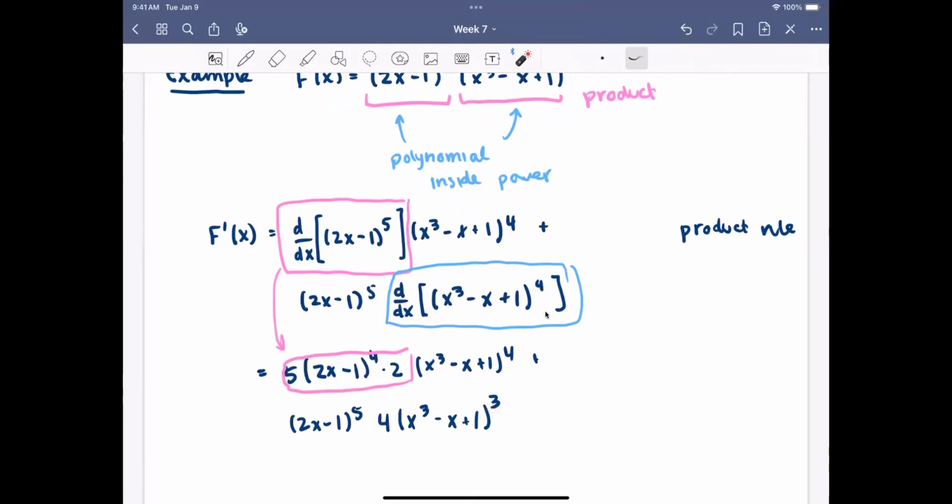And then by the chain rule, I multiply by the derivative of the inside stuff, which is 3x squared minus 1. I didn't simplify it any further than that. It's possible that it simplifies, but I think leaving it like this is fine. Are there questions?